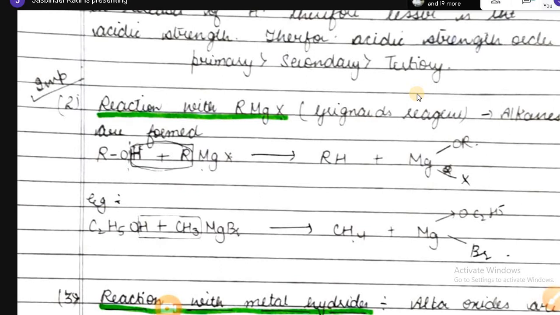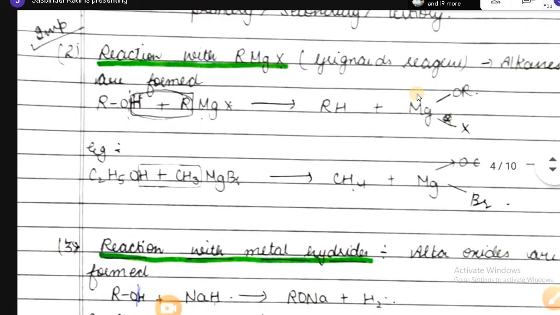If we take a particular example, replacing R by the C2H5 ethyl group, then we get ethane as the final alkane and side product.